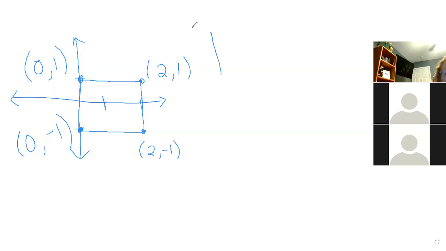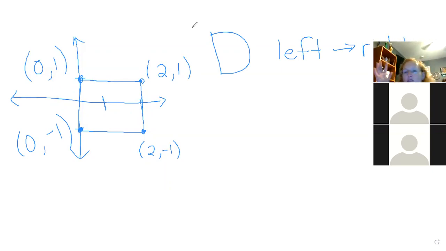Looks kind of like a funny little P. So your domain, I always want you to think left to right. And I mentioned it before, but it's worth mentioning again. It cannot be right to left. You have to start on the small side and move your way to the big side.